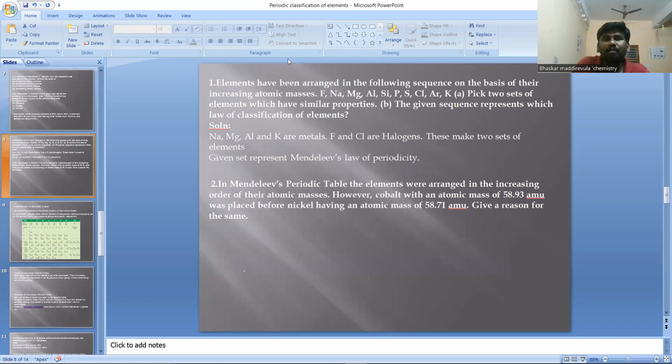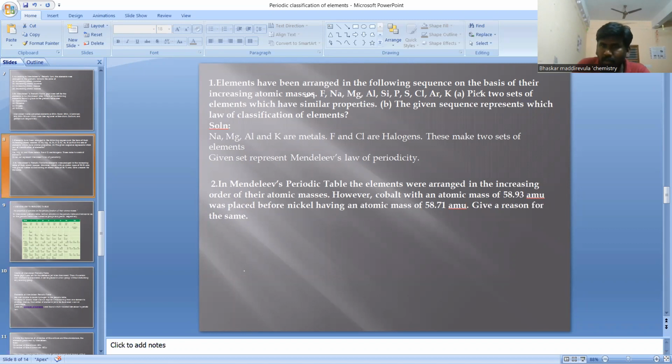Elements have been arranged in the following sequence on the basis of increasing atomic masses: fluorine, sodium, magnesium, aluminum, silicon, phosphorus, sulfur, chlorine, argon, potassium.